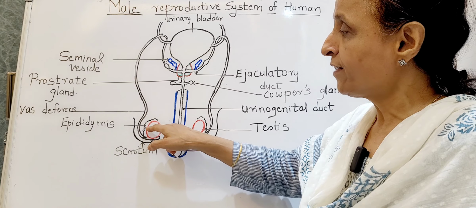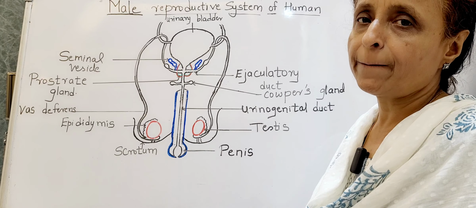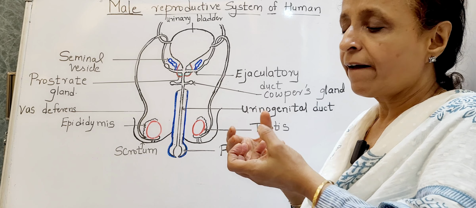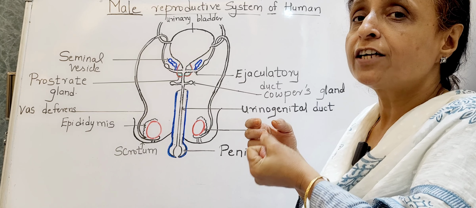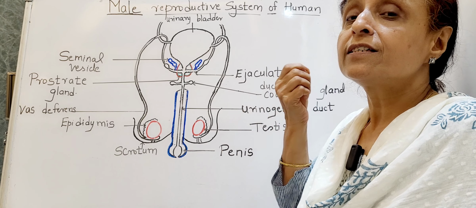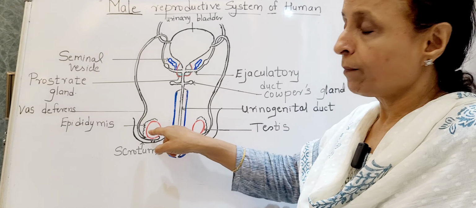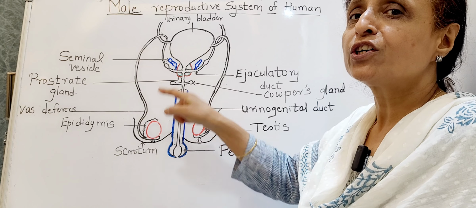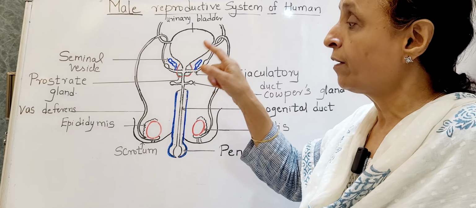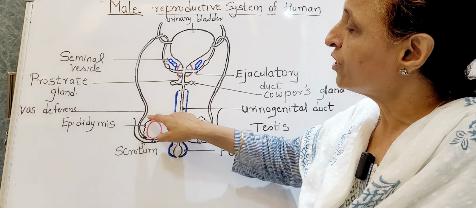The testes produce the actual product, the sperm, spermatozoa. The spermatozoa has to be matured. More and more maturation takes place, but maximum maturation takes place in the epididymis, which is covering this testes.